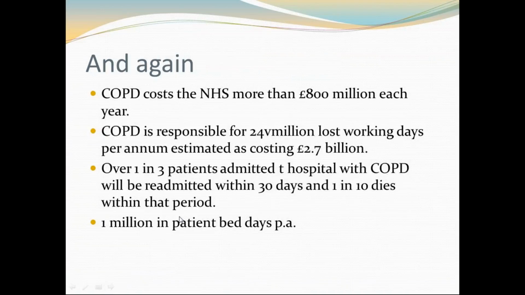8 million each year cost, 24 million lost in working days. People with coughs and colds who can't go to work. The other thing that they've talked about for a while, and that I read this week, is that the government introduced health checks.